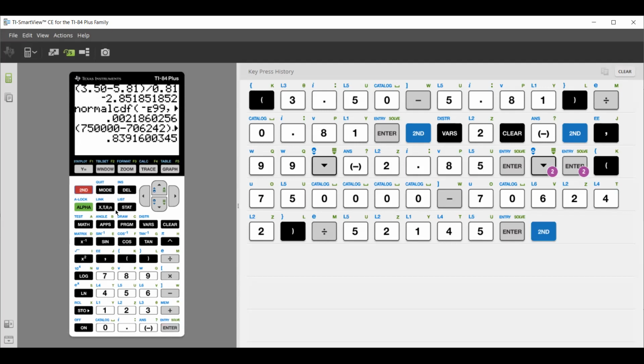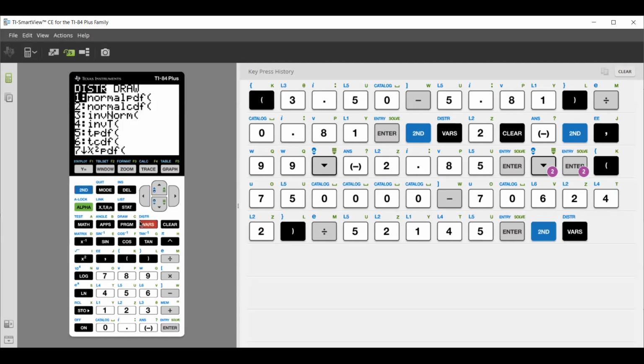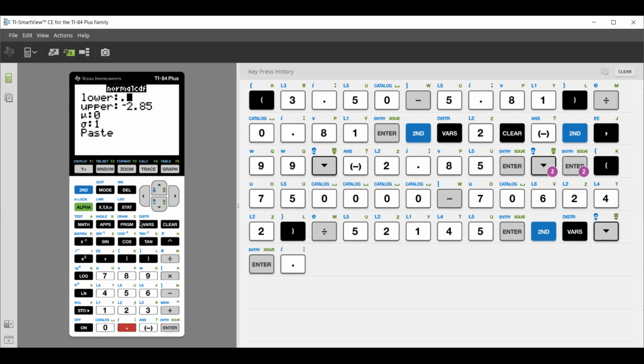So second distribution, normal CDF of what? 0.84 to infinity.